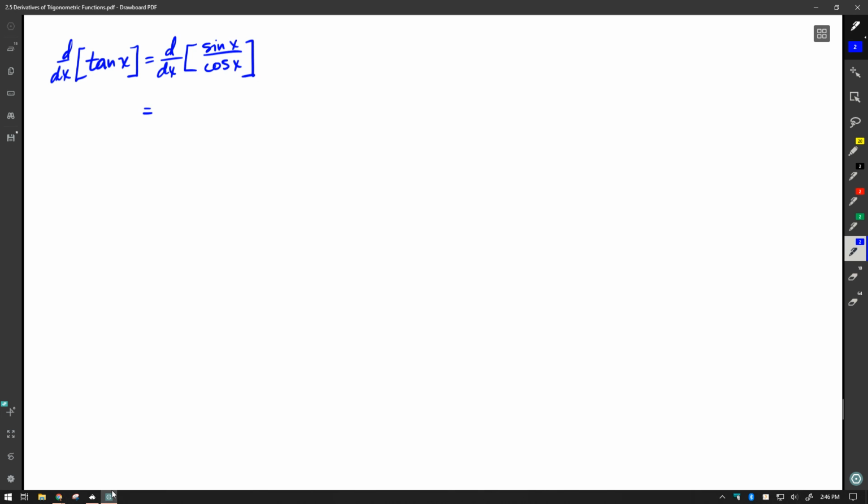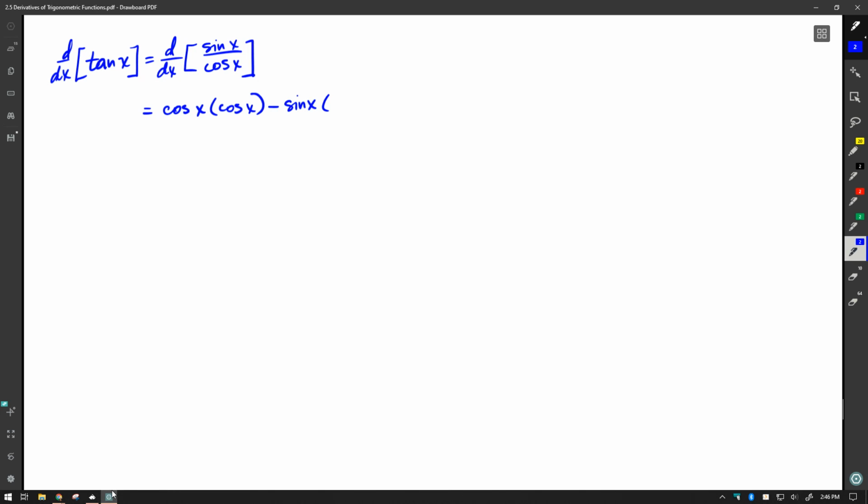So we would go low d high, right? So we'd go cosine of x times the derivative of the high function, which would be cosine x, minus high d low. So that would be the sine of x times d low.